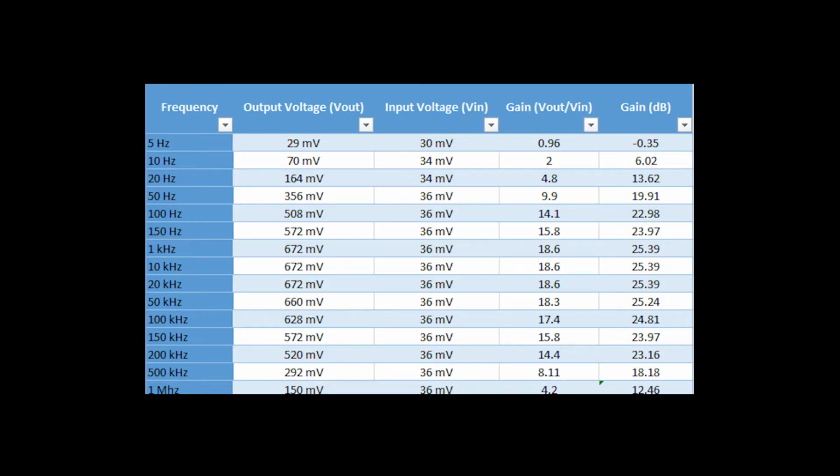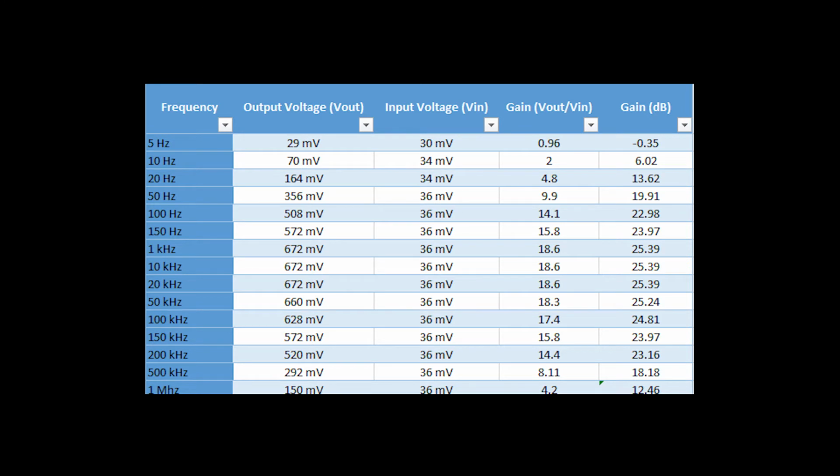For this experiment, as you can see on the table, these two frequencies are 150 Hertz and 150 kilohertz respectively.